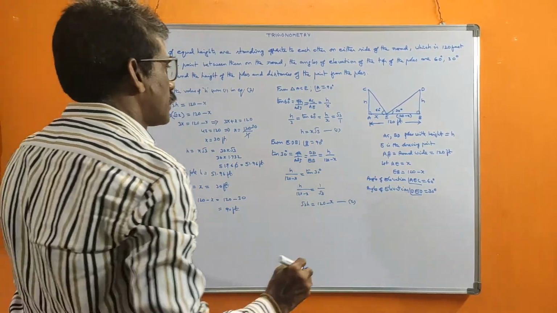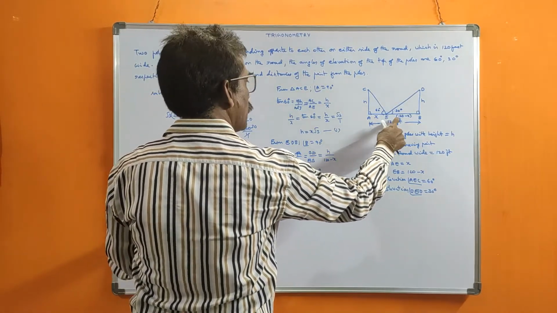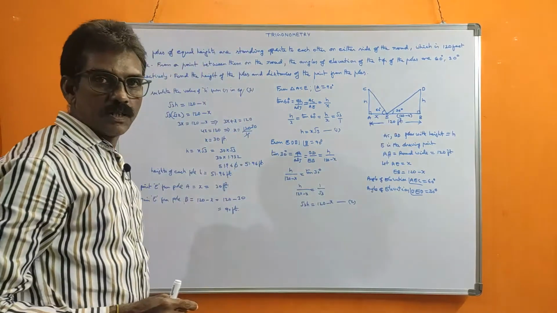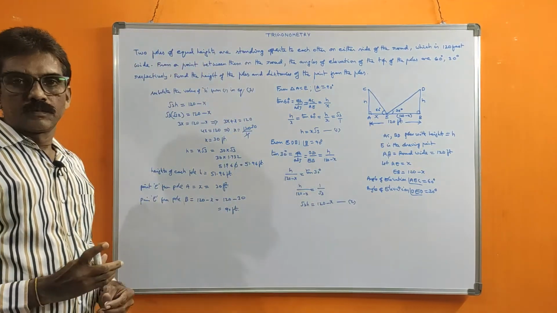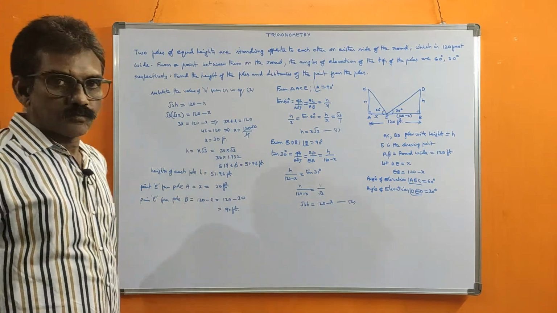You see, this is 30 feet, this is 90 feet, 30 plus 90 total 120. Like this we can calculate the problems.